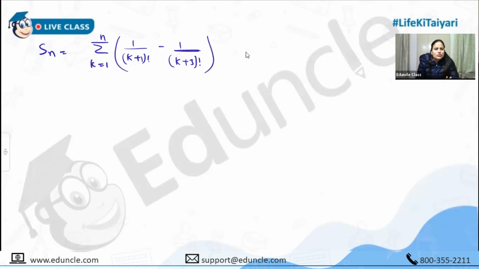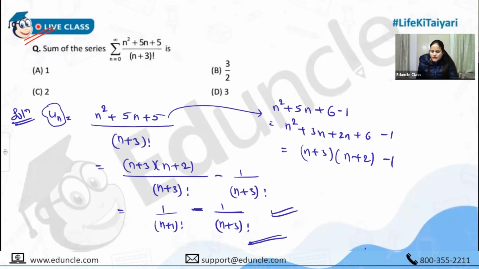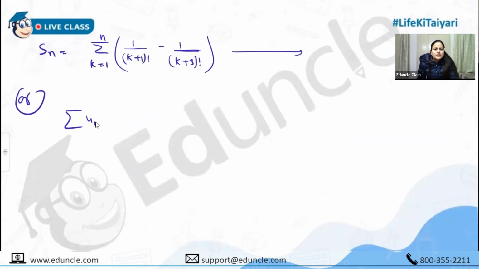See, either you will do by the sequence of partial sum, या तो इस तरीके से करो, आप लोगों को मिल जाएगा, या फिर हमारी जो सीरीज है, my series is summation u_n, this u_n is now summation 1 upon (n plus 1) factorial, minus summation n varying from 1 up to infinity, 1 upon (n plus 3) factorial.